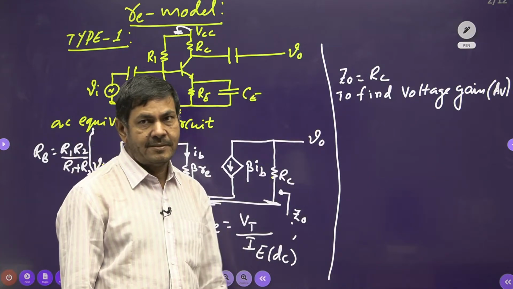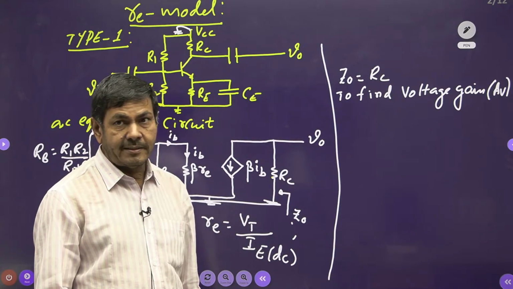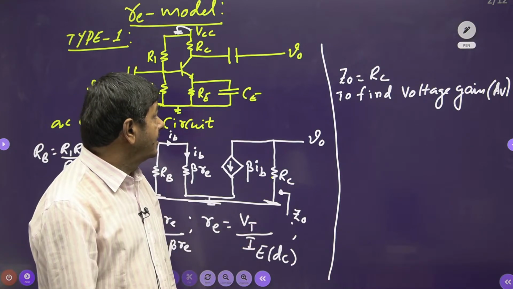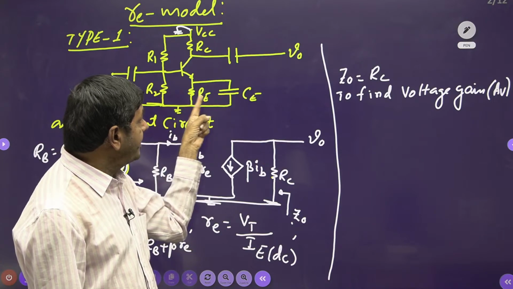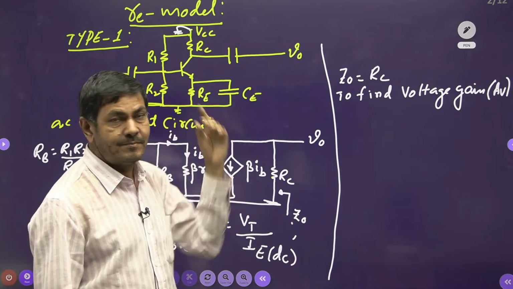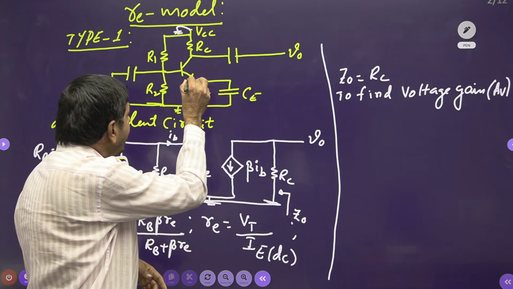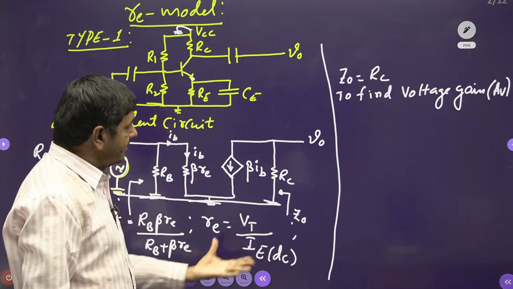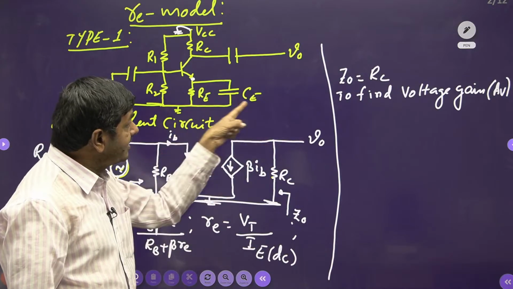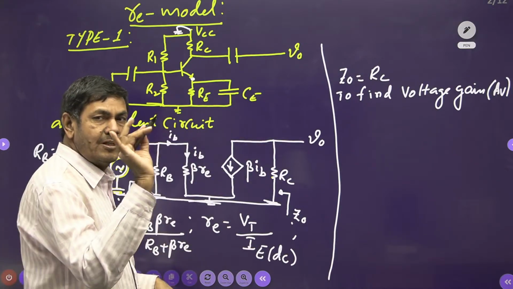When you are finding it in any paper, the question comes in this form: the circuit is given with RE parallel to CE connected below the emitter. If RE parallel to CE is connected, directly you can apply these formulas.